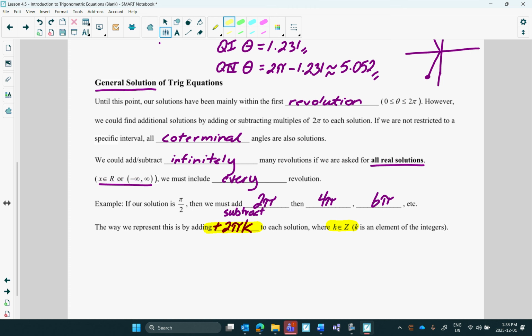Whenever you see or use that notation, it means you're stating all angles. So plus 2 pi k, k-e-z. That's the only thing you have to add. You solve everything exactly the same way. You just add this stuff at the end. Okay?